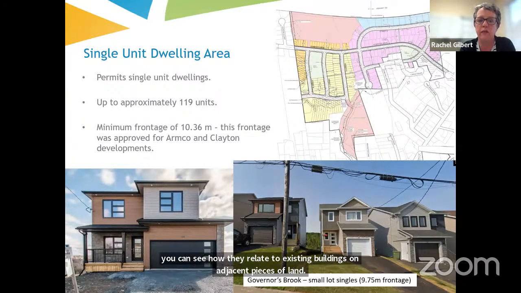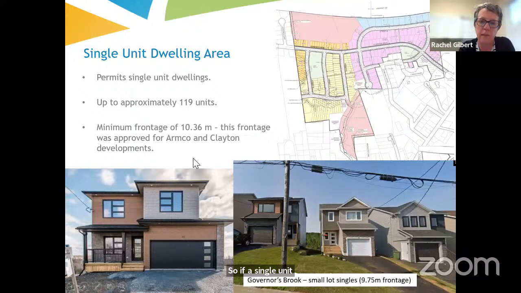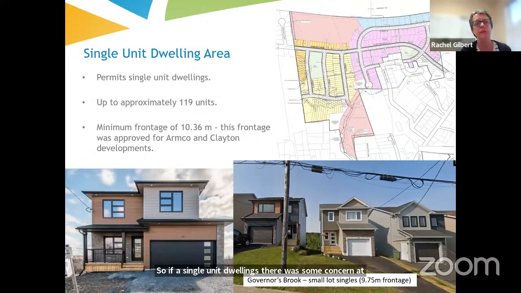So for single unit dwellings, there was some concern at the last meeting about the 10.36 meter frontage that's being proposed, which is less than the 16 meters minimum lot frontage required for the R1 zone in the land use bylaw. So I took some images from Governor's Brook, which is in Halifax, and these lots are 9.75 meter frontage.